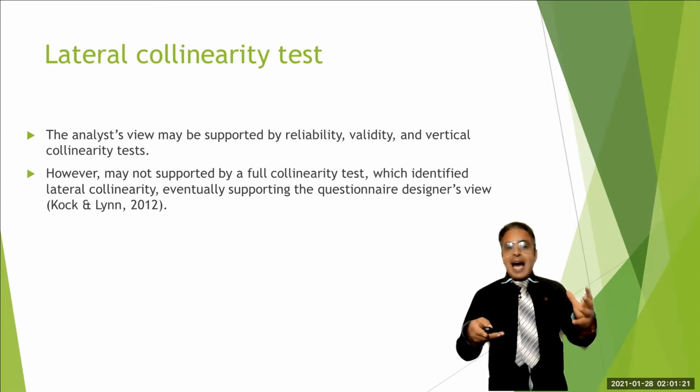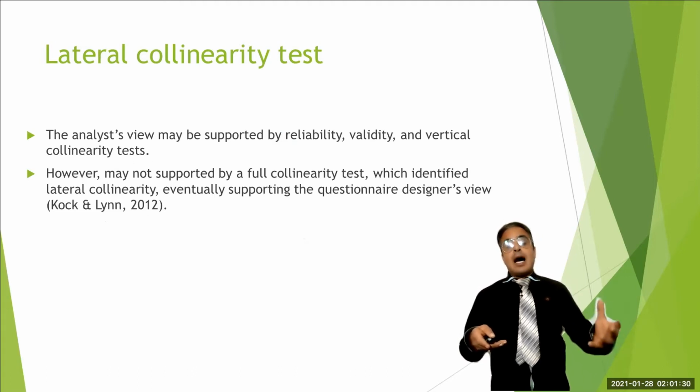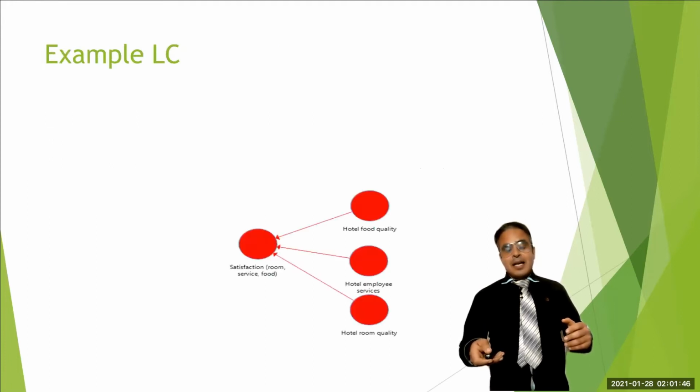If we have such an issue, then we have to reconsider our model and maybe reconsider our data or survey questions and do the necessary amendments and adjustments. We'll come to those in coming videos. This is an example of lateral collinearity, okay?